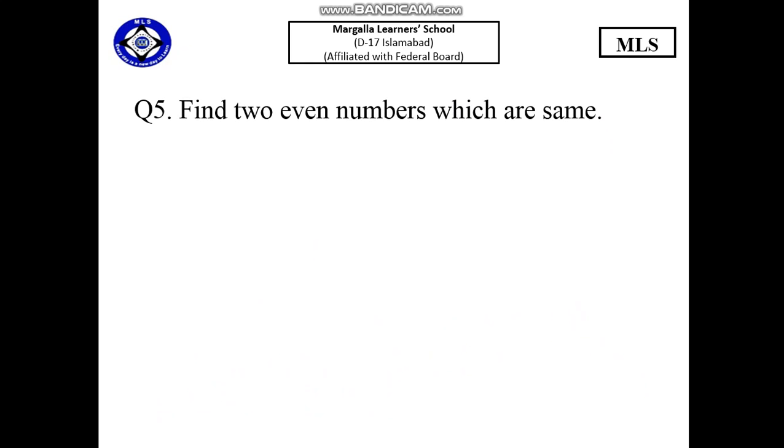Now the next question is, find two even numbers which are same. Look at the picture and see how many numbers are the same.